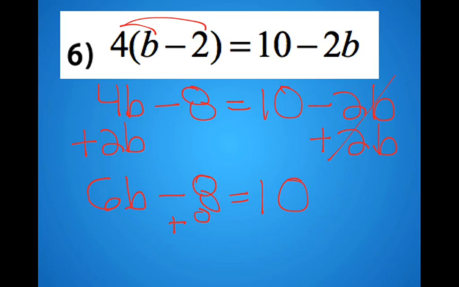And then I'm going to add 8, and that's going to cancel out, so that'll be 6b equals 18. And then the last step is to divide by 6, and if we divide by 6, then that'll be 3.